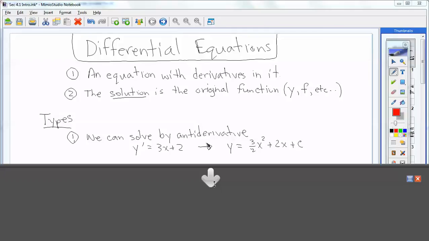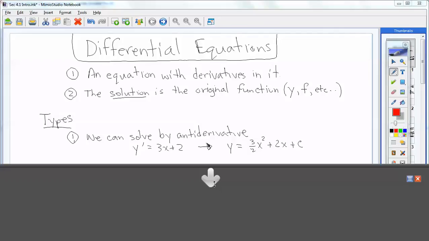Sometimes we threw an initial condition in there, so it was called an initial value problem, IVP sometimes. This was called the general solution, had a plus C on it, but if I give you the initial condition, you can figure out what that C was.